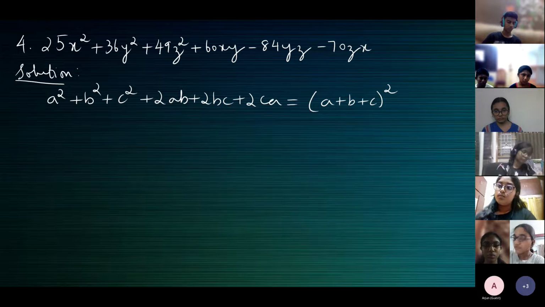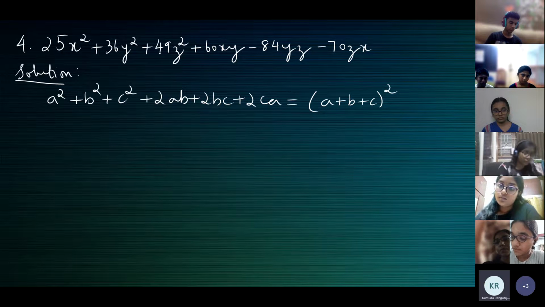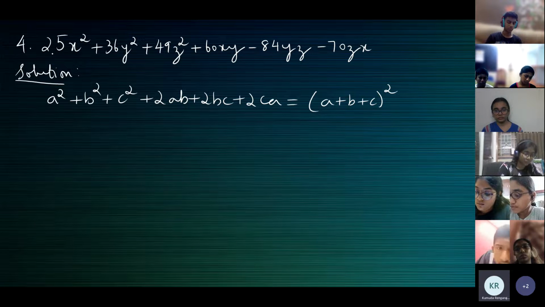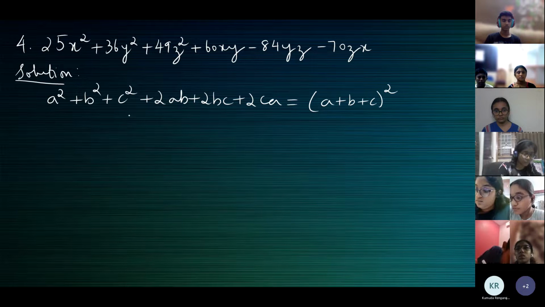Now this expression given has 6 terms. In this identity, in the LHS, there are 6 terms, of which 3 are perfect squares. The perfect squares here are 25x squared, 36y squared, and 49z squared. Here A square, B square, and C square are perfect squares.